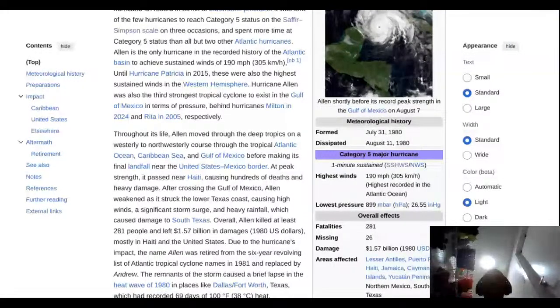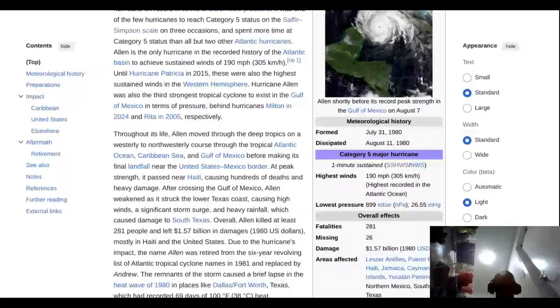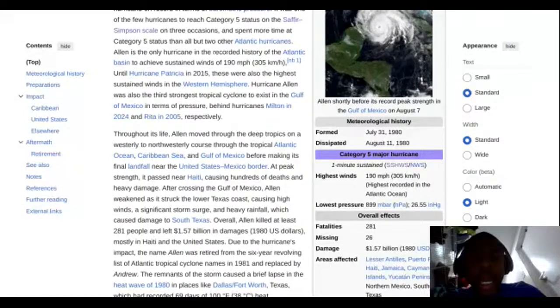The reason for that EF4 touchdown on August 12th, 1980 was this hurricane. It caused the August 11th through August 16th 1980 super outbreak. This was a Category 5 major hurricane. This is the highest record in the Atlantic Ocean. This hurricane caused 81 fatalities and 26 missing.